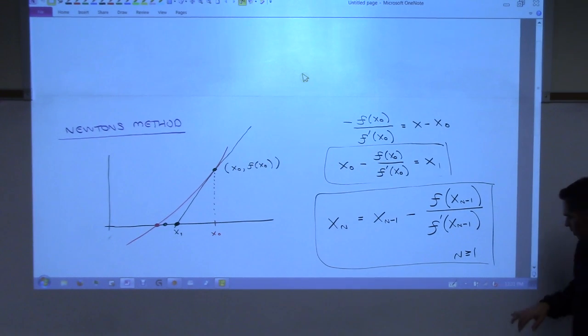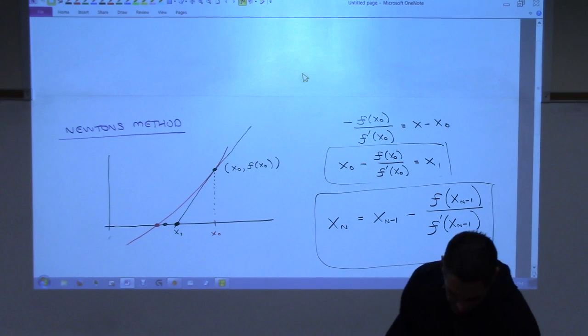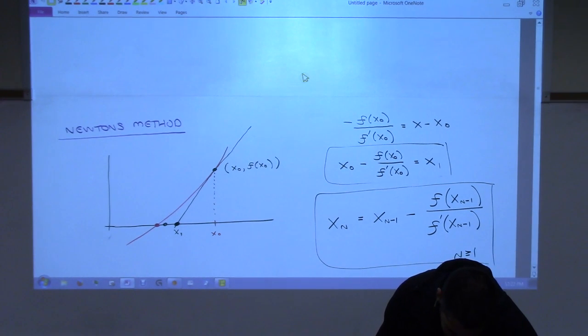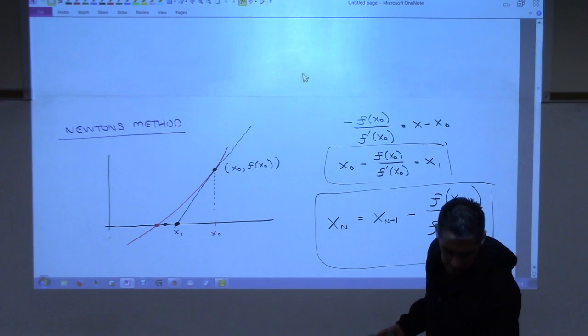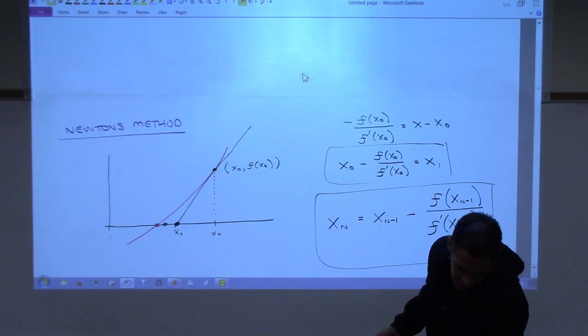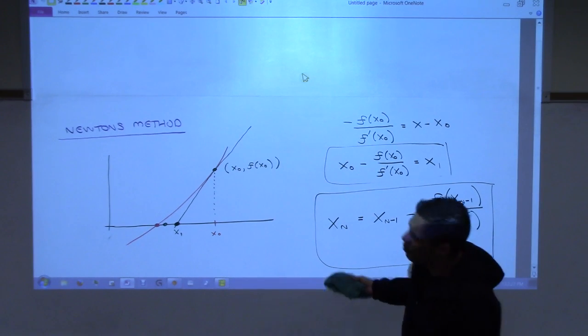Let's actually do a problem. Okay, I've got 20 minutes. I think we can do an example. That should be enough. So I'm going to do x to the 5th minus x minus 1 equals 0.